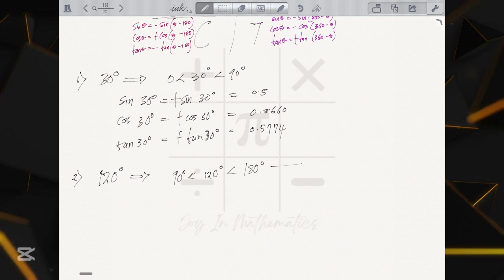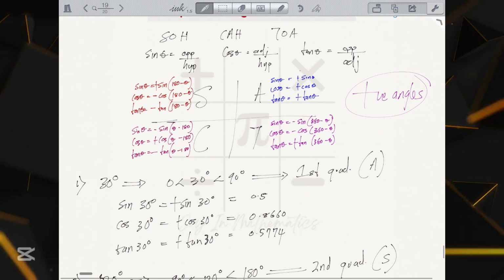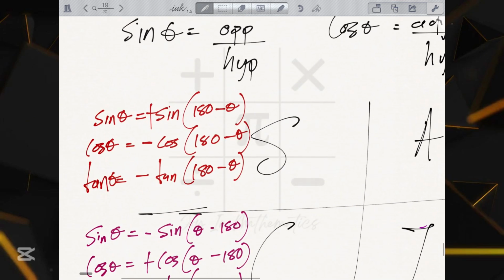So we can say that this is in the second quadrant, and 30 degrees is in the first quadrant. In the first quadrant all are positive, in the second quadrant only sine is positive. So let's go back and make reference to the second quadrant. We have that only sine is positive and the acute angle is 180 minus theta.